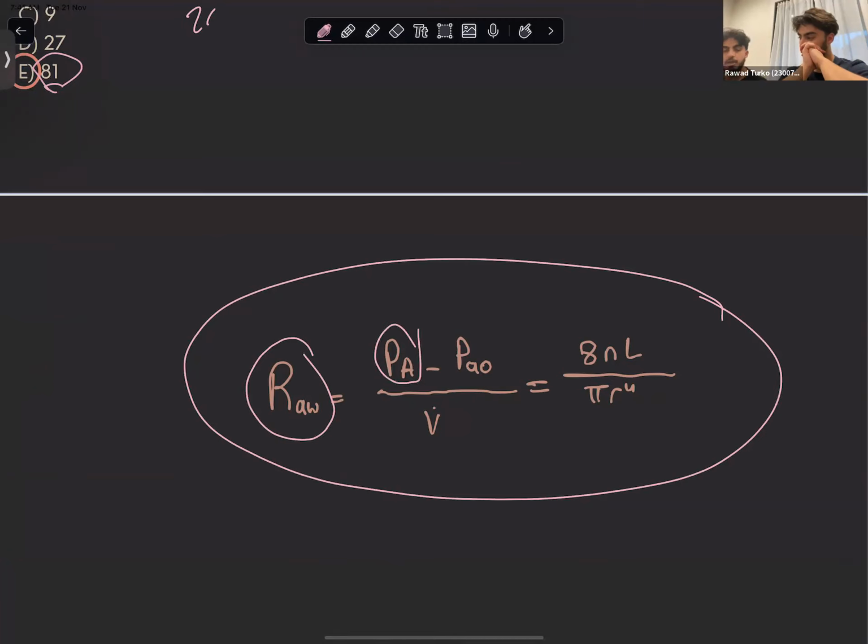So what's PA here? Alveolar pressure. Yeah, alveolar pressure. What makes it easier to memorize this equation is that we know resistance is pressure over airflow.